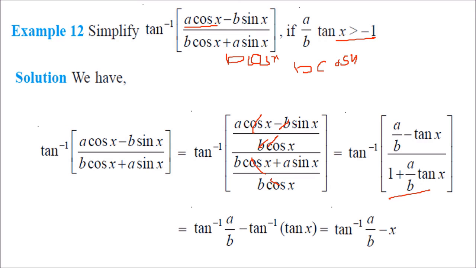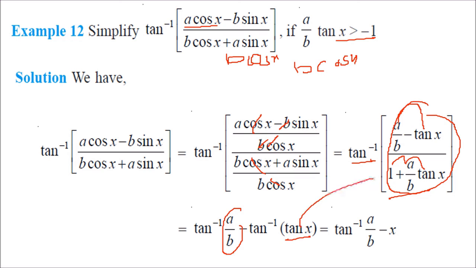So this is nothing but tan inverse of (x minus y) by (1 plus xy). What is this? Tan inverse a by b minus tan inverse tan x. Tan inverse and tan get cancelled, so this will be tan inverse a by b minus x.